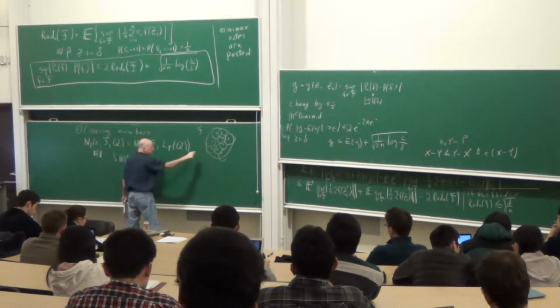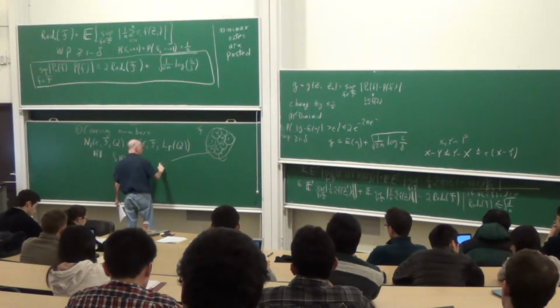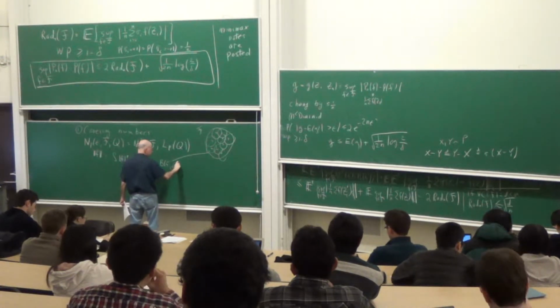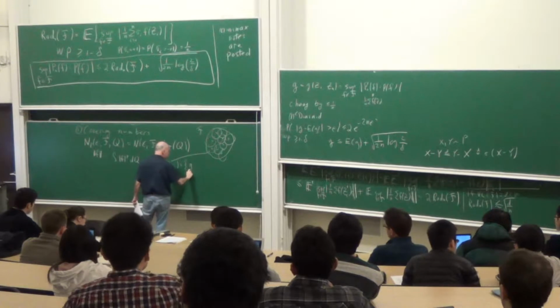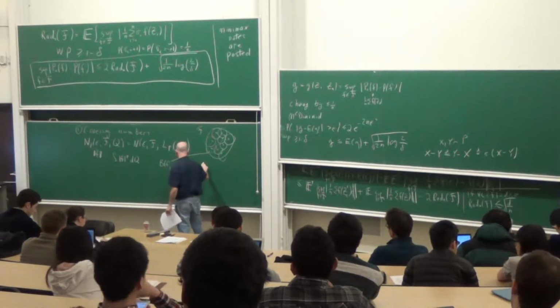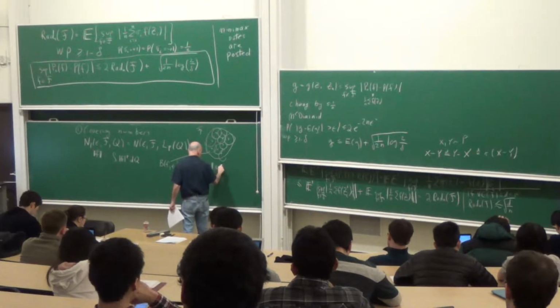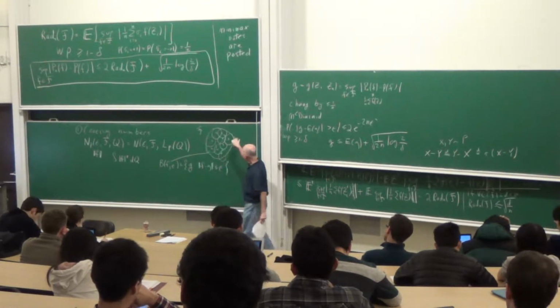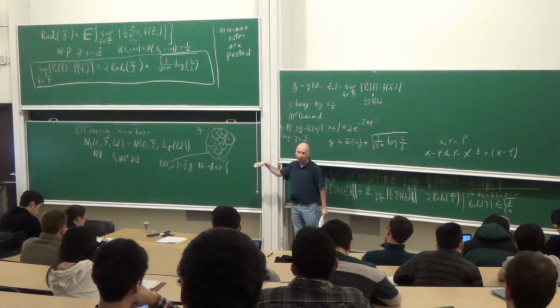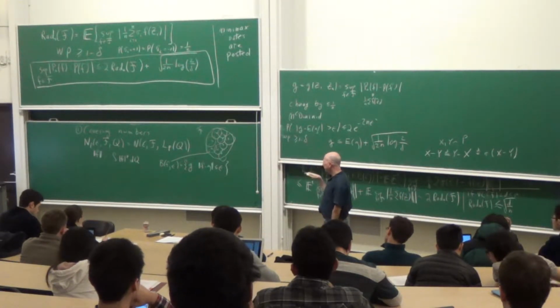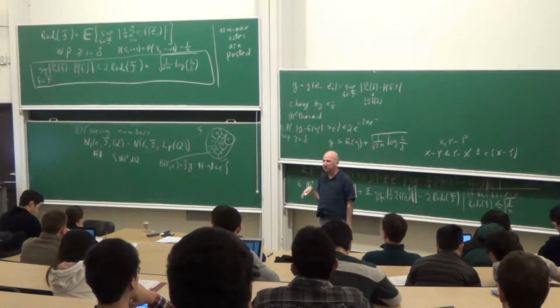Each one of these is a ball around some function f of size epsilon, the set of all g such that the norm of g minus f is at most epsilon. In other words, you put down a finite set of points and epsilon balls around them. And now you ask yourself, is this a covering? Does this cover the whole space?